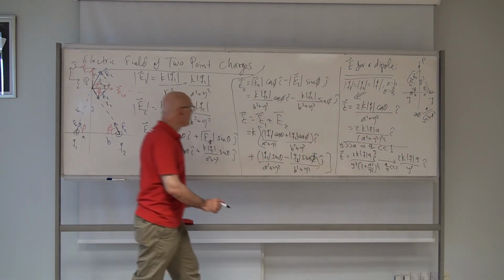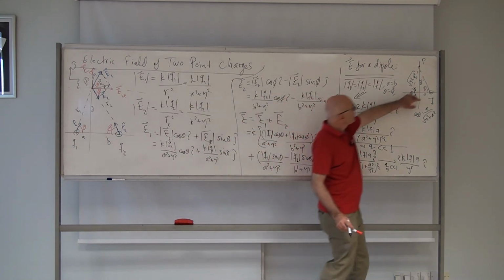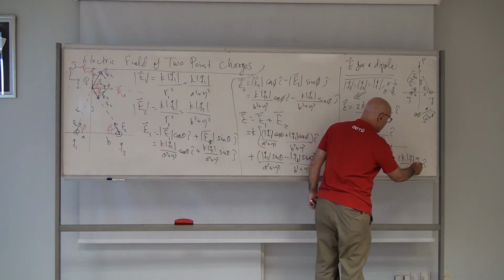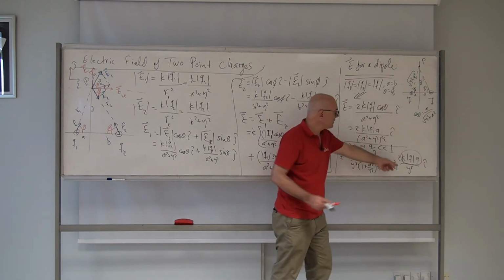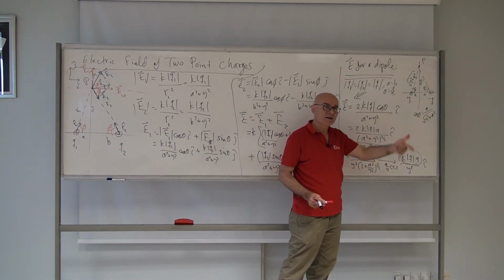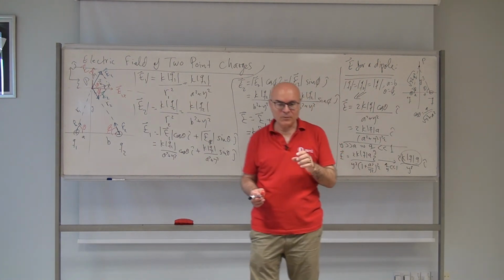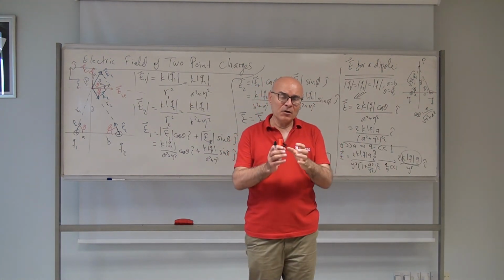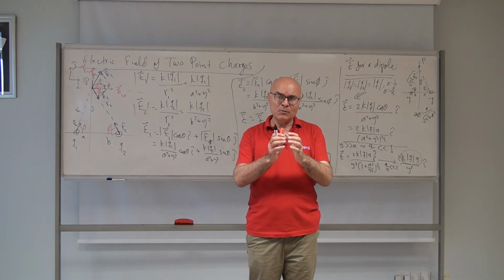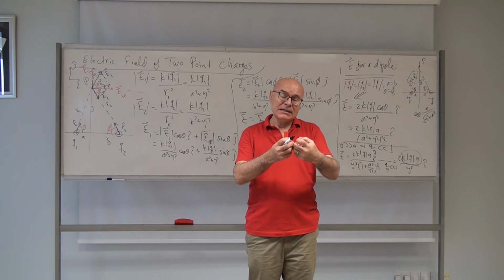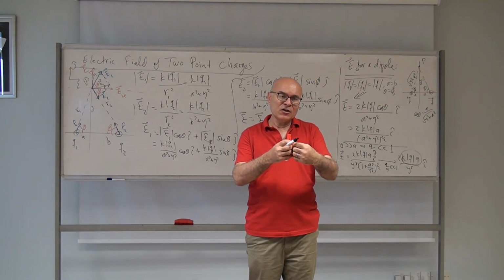So when you look at the dipole from a large distance, you see it as like this charge, and it drops like 1 over y cube. Now, dipoles are important objects, especially in chemistry, because molecules, while neutral, sometimes are polarized.